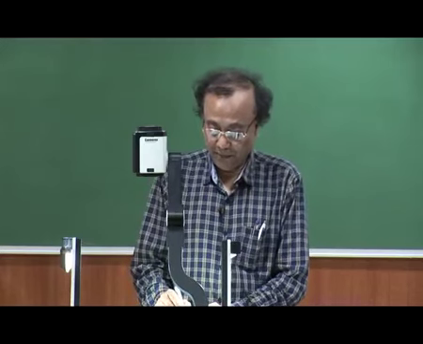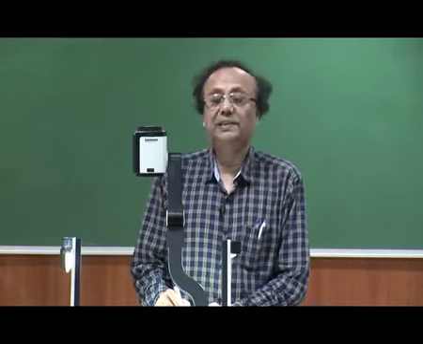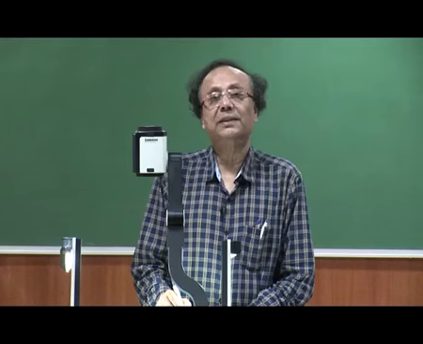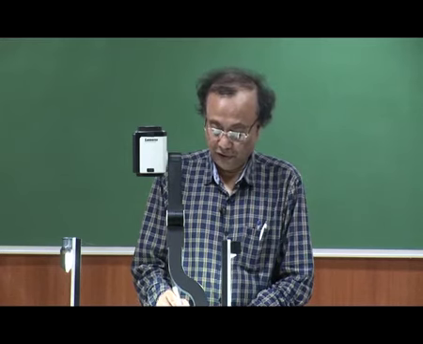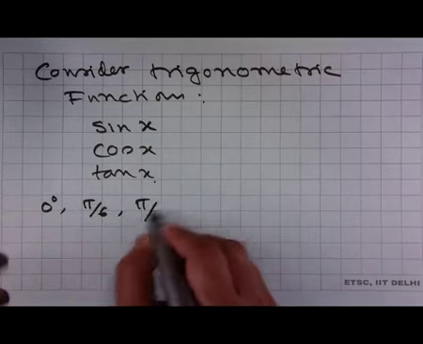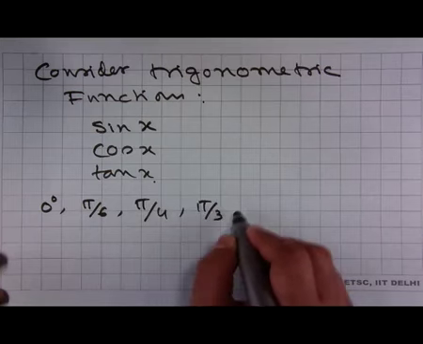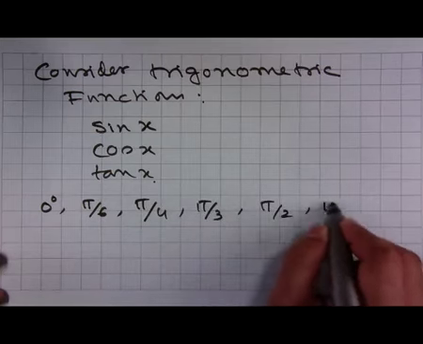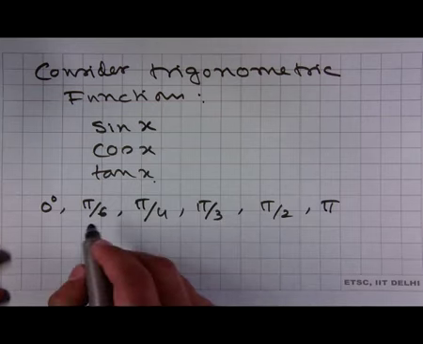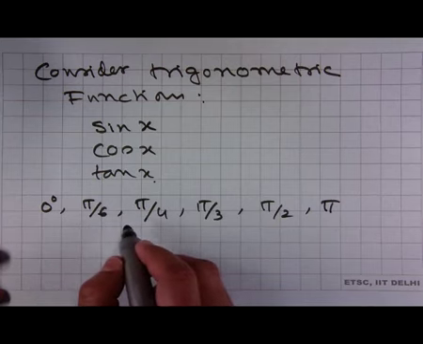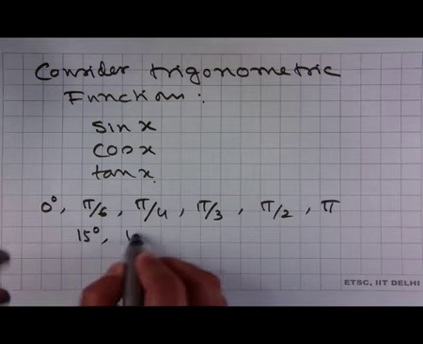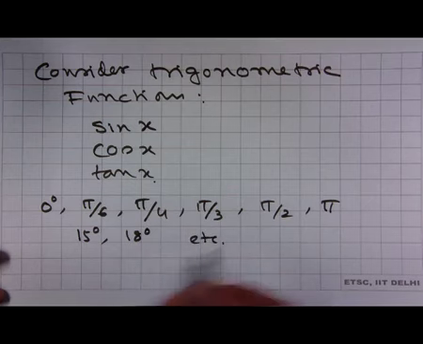Because if you remember, in classes we see the values of sin x, cos x, etc. are only for a fixed set of values, right. We have seen for 0 degree, for pi by 6, for pi by 4, pi by 3, pi by 2 and pi, and typically we work with their multiples, or perhaps with some more trigonometric manipulations we can get for 15 degrees, 18 degrees, etc. right.